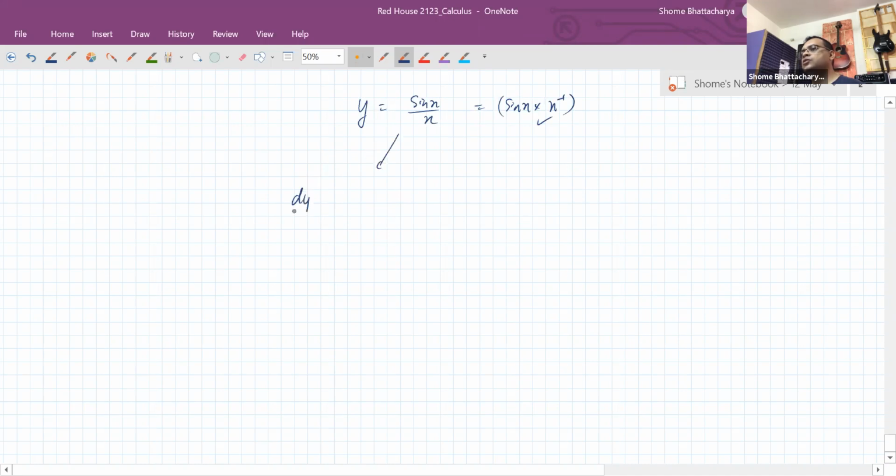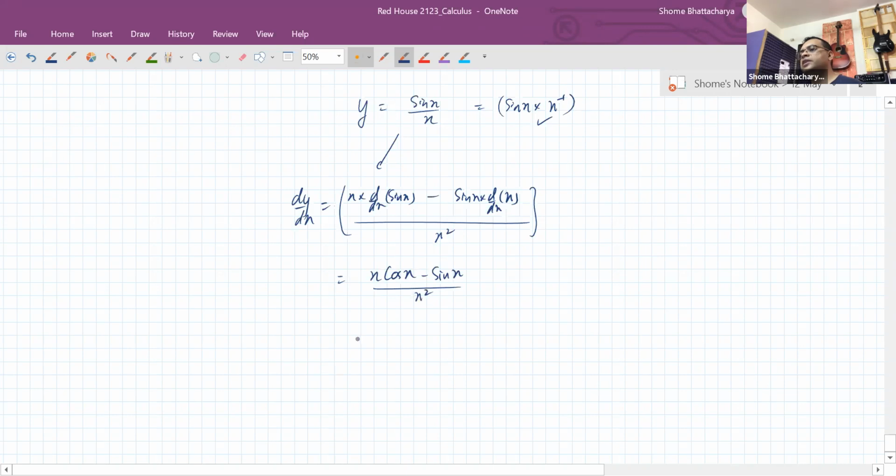If you use the quotient rule, you will have denominator into differential of numerator, okay, minus numerator into differential of denominator divided by square of denominator. So let's see what we'll get. So we'll get x cos x minus sin x divided by x square, which we can write as cos x by x minus sin x by x square.